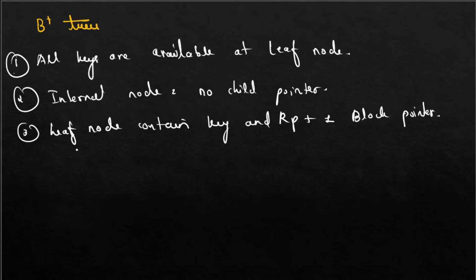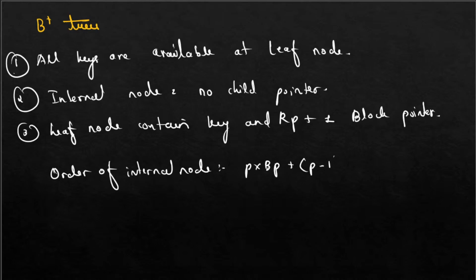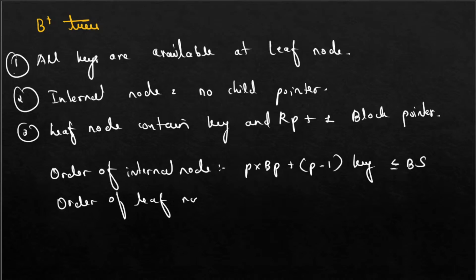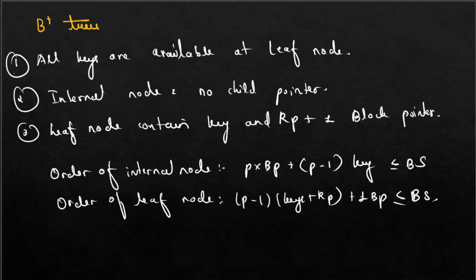The order of the internal node is P times BP plus P minus 1 keys, smaller than block size. And the order of the leaf node is P minus 1 keys plus record pointers plus 1 BP, smaller than block size.